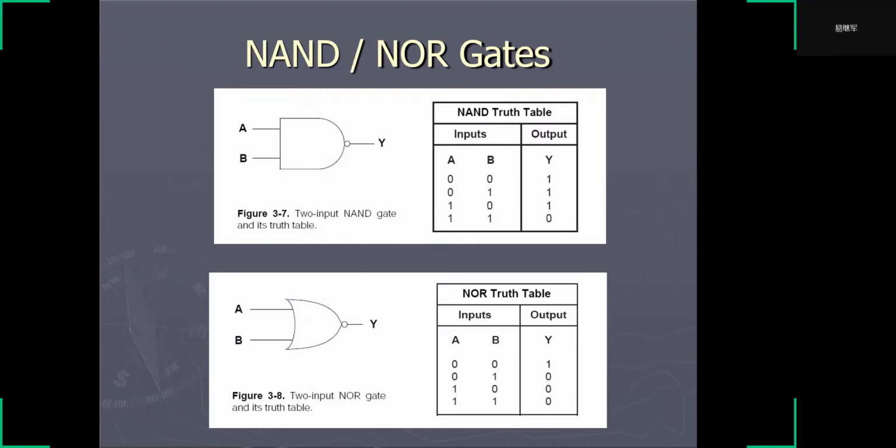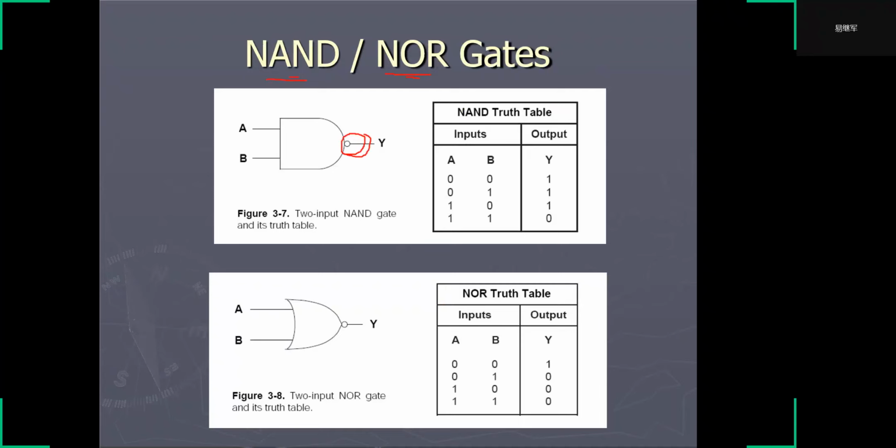Next, introduce the NAND and NOR gates. Just add the NOT. It is the result of AND or OR followed by NOT.